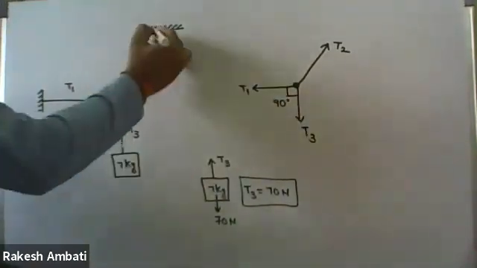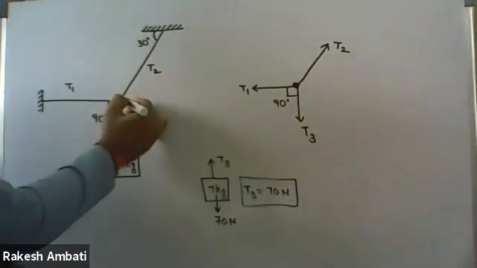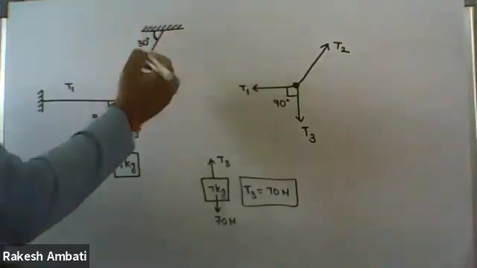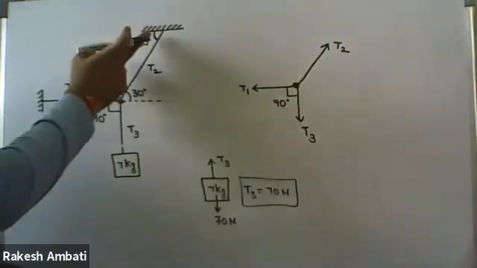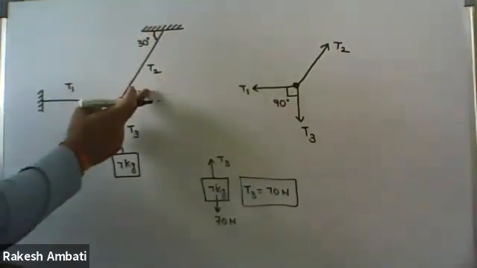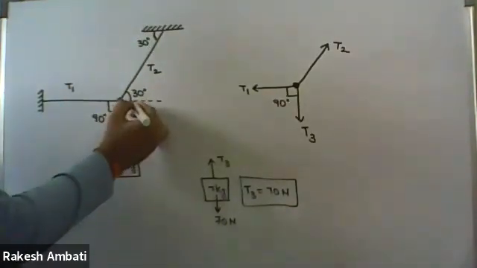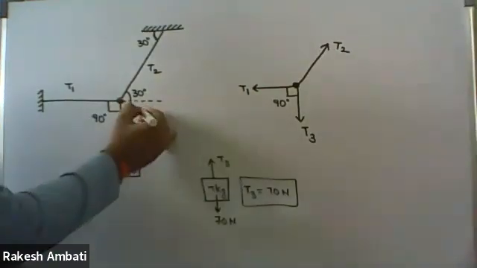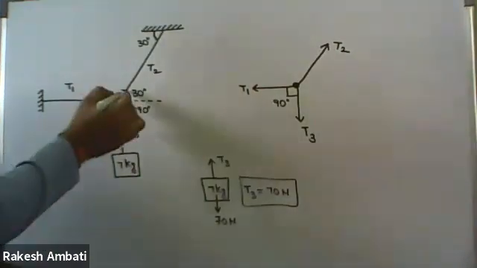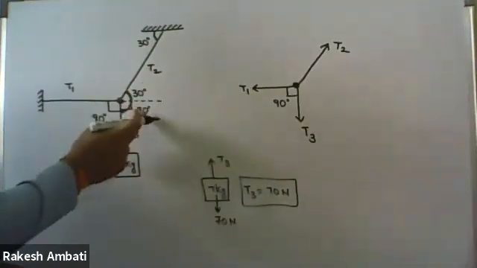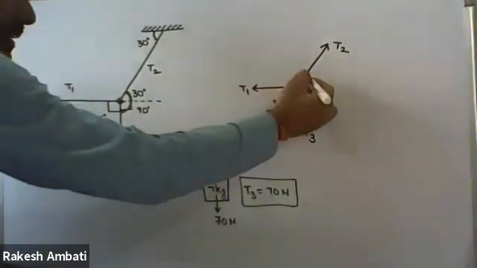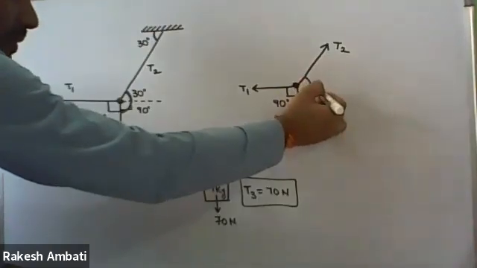If it is given 30 degrees, this angle is also 30 degrees. So totally between them, the total angle is 30 plus 90 is 120 degrees. Now this angle is 120 degrees.